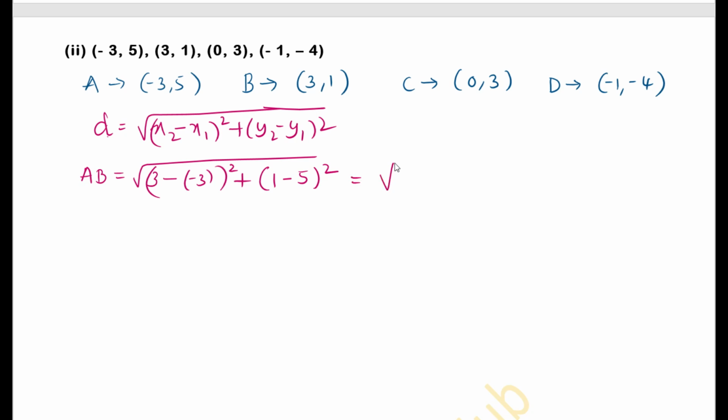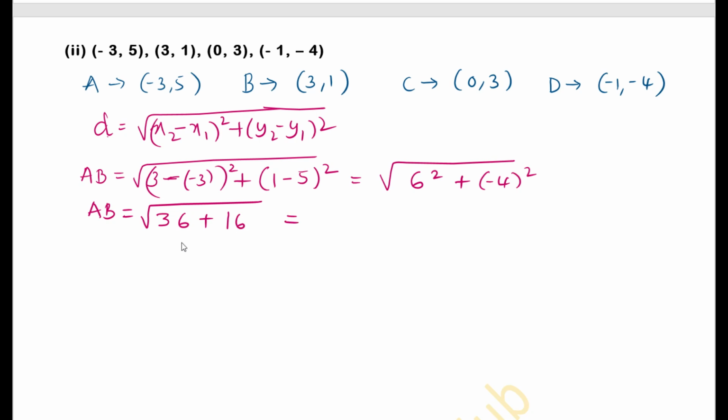Now we get square root of, minus into minus plus, 3 plus 3 is 6 square, 1 minus 5 is minus 4 square. Now AB equals 6 square is 36, minus 4 square is 16. Now 36 plus 16 we get 52.